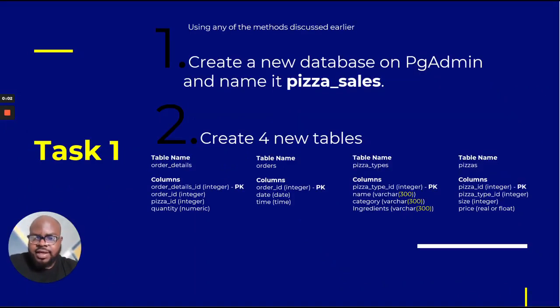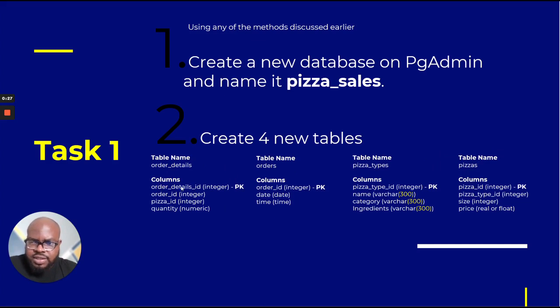As a task, I want us to create this database on our own. We'll be using this database in the next lecture. The database is going to be called pizza sales. It's going to have 4 tables in it. Order details is one table, orders is another table, pizza types is another table, and pizzas is another table. And these are the attributes.